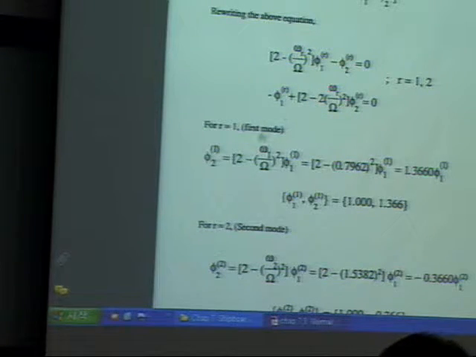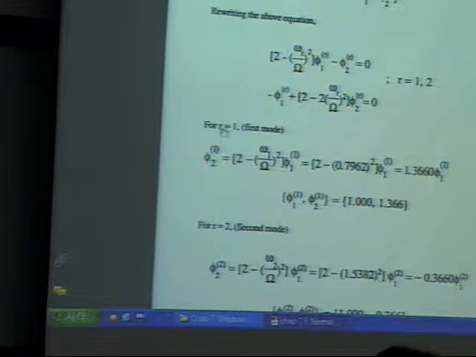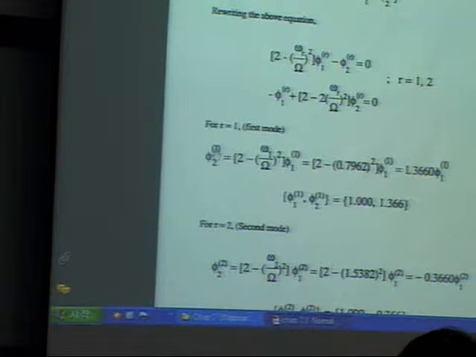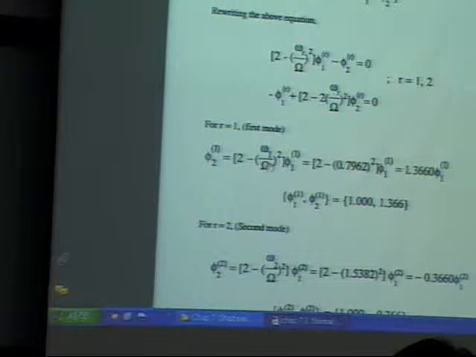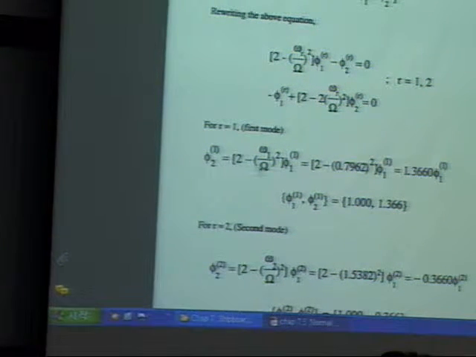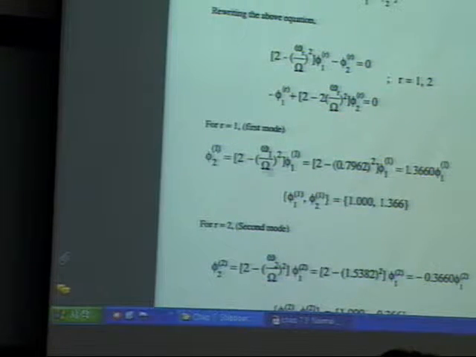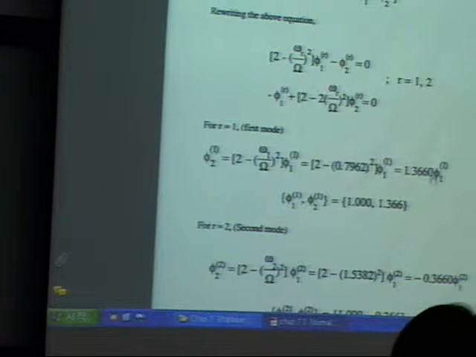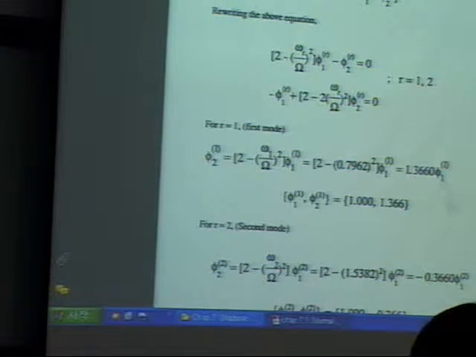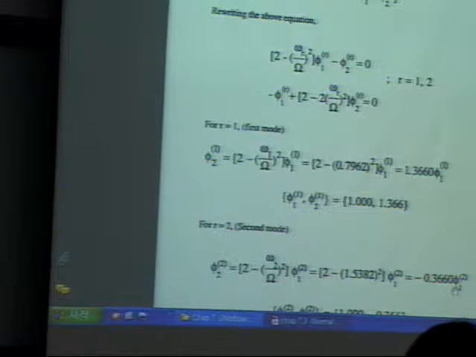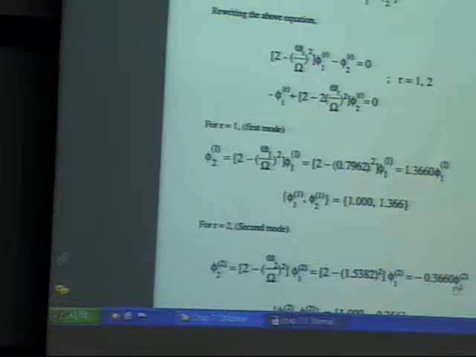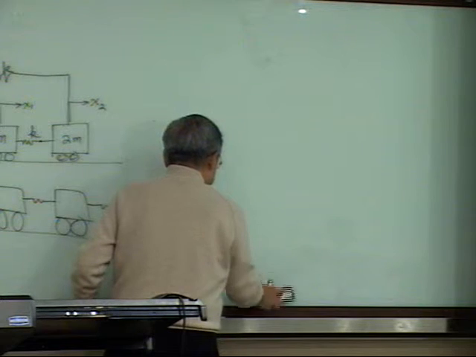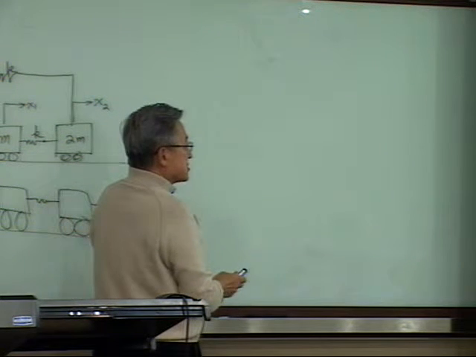So if you do that, this is for R equal to 1, the first mode. Phi 2 of the first mode, by looking at this, you can determine phi 2 is equal to 1.366 times phi 1. The ratio is important for the mode. I told you even this morning, mode has nothing to do with actual displacement.